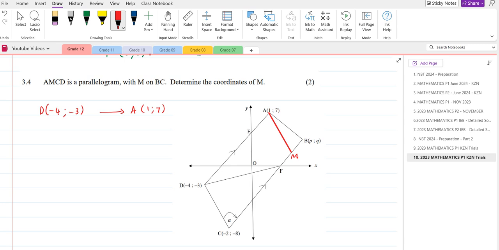Now from -4, how did you go to 1? You added 5 units to the right. And from -3, how did you go to 7? You added 10 up. So we're going to do the same thing here. From C to B, we're going to add, from -2, we're going to add 5. So -2 plus 5. And from -8, we're going to add 10.